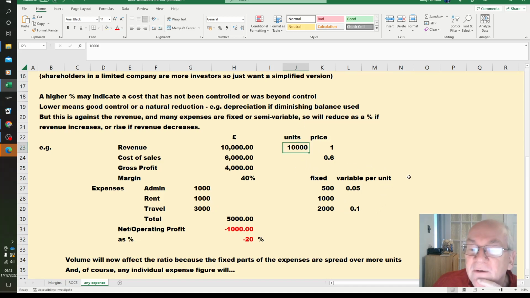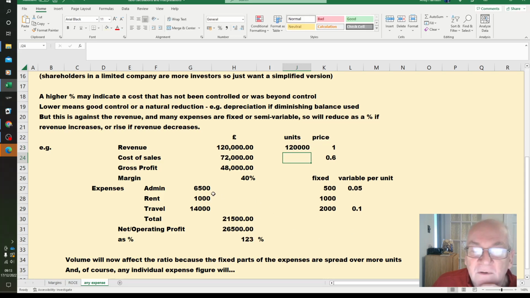If we sell more units, the margin will of course, 10% more units, still stay at 40%, the gross profit margin. But although these costs have gone up a little bit, I think I've put an extra 0 in there, that's better. Meant to do that one. That's looking a little bit healthier because we sold more units.